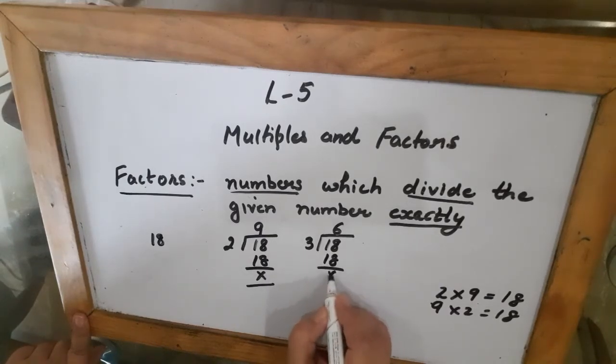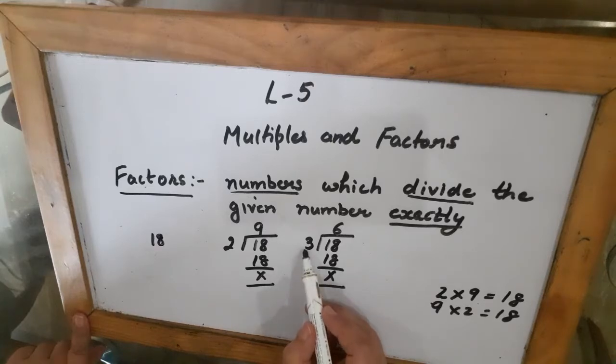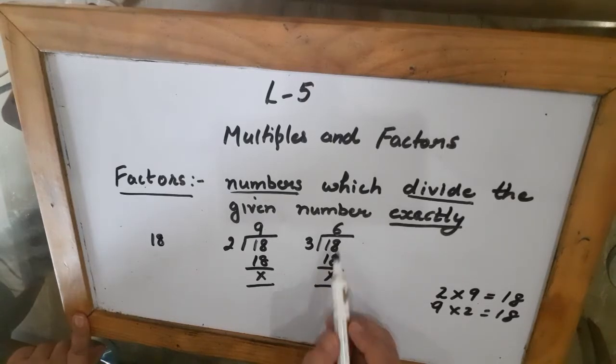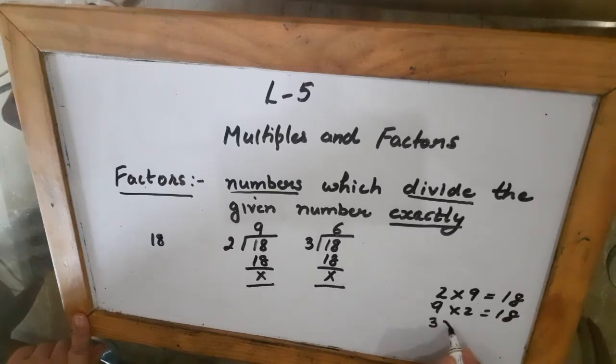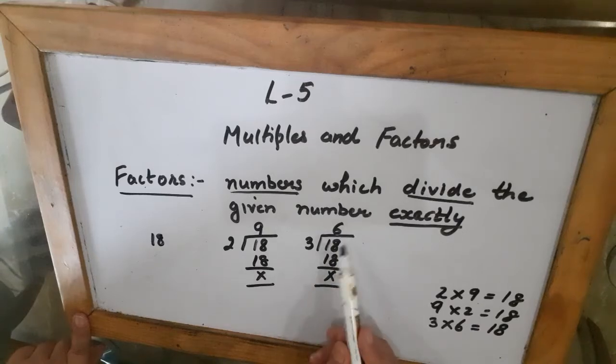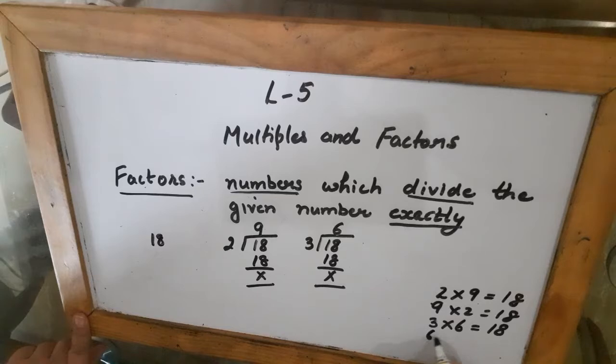Do you have any remainder? No. It means that 3 divides 18 exactly. So 3 also is a factor of 18. So 3 sixes are 18, and otherwise also 6 threes are 18. So both 3 and 6 are the factors of 18.